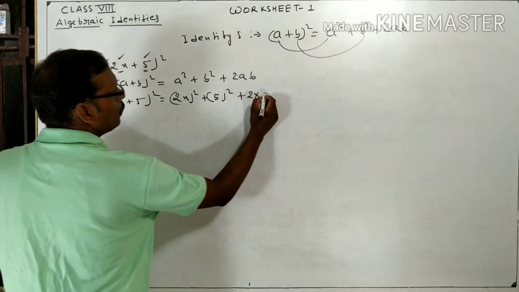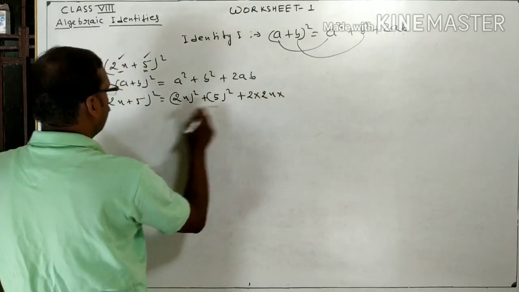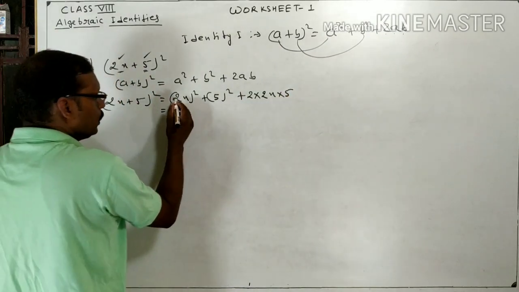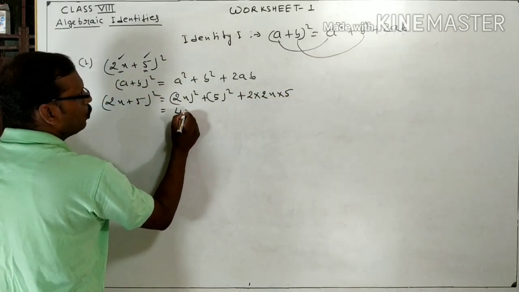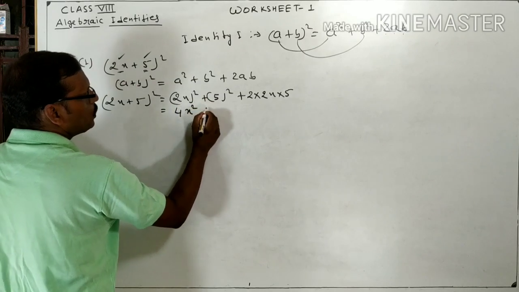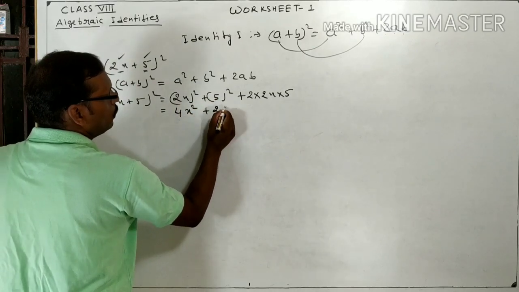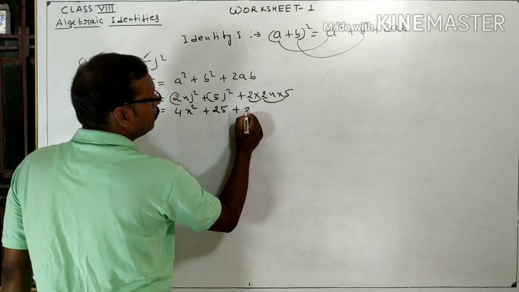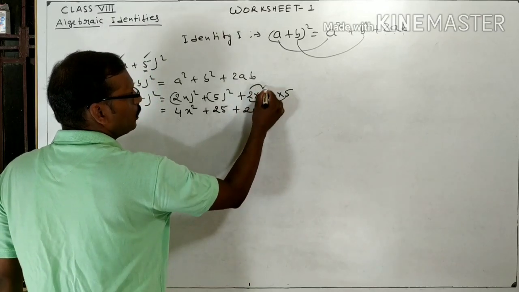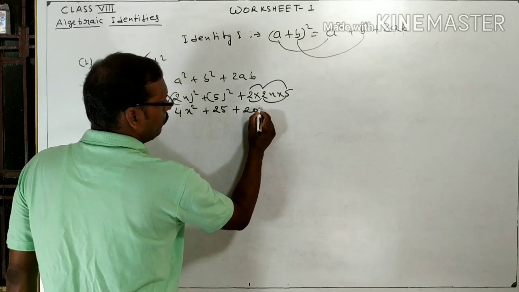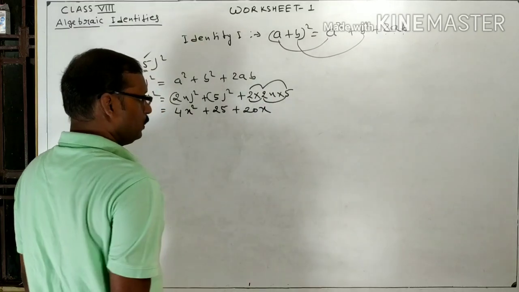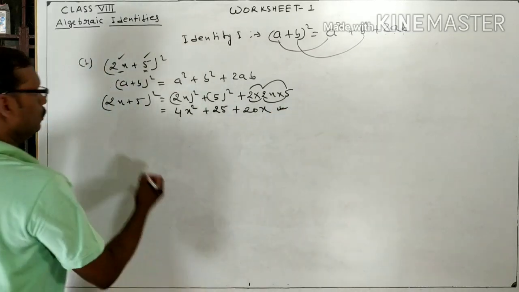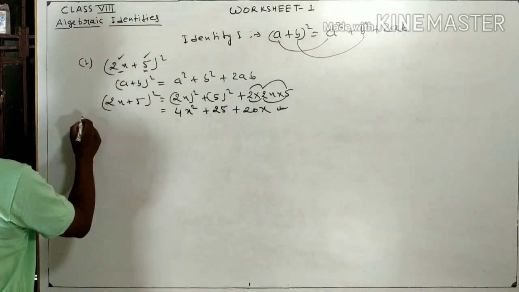In place of a we write 2x and in place of b we write 5 and solve it. We know 2 square equal to 4, so 4x square plus 5 square, 25, plus 2 into 2 is 4, 4 into 5 is 20. We write only the constant term and the variable given, 20x. So this is the solution of question number 1.